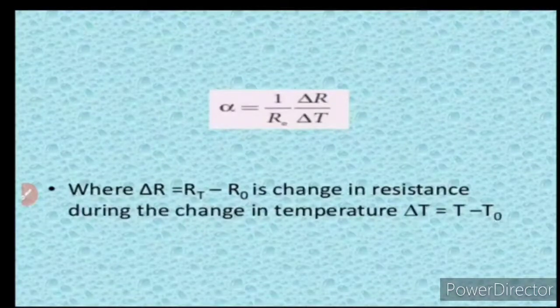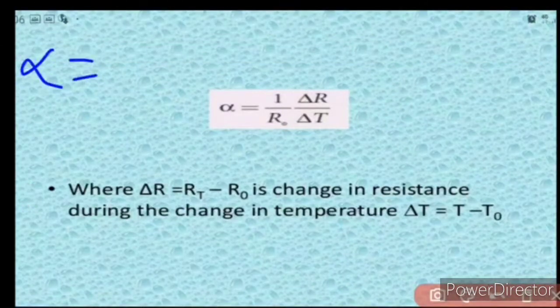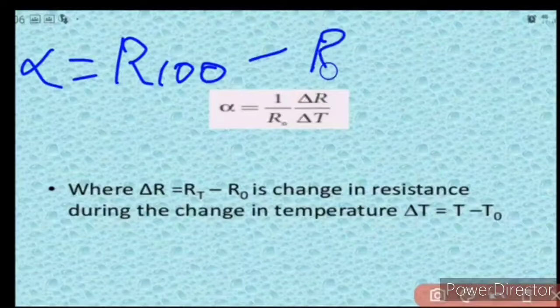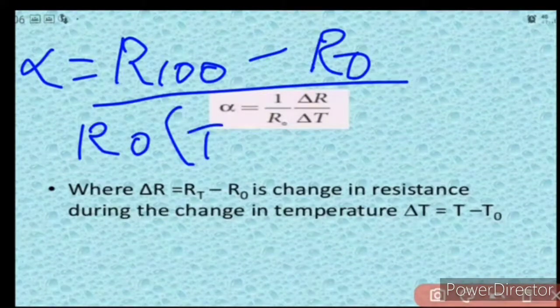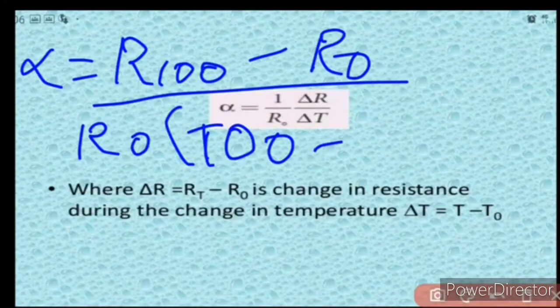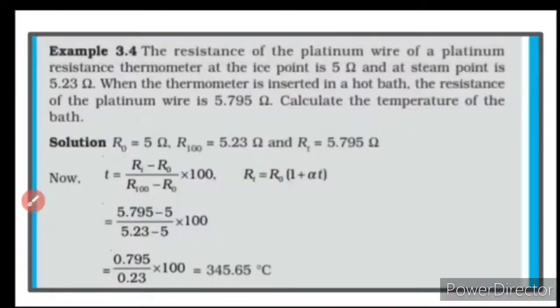So we can write alpha as, instead of delta R, R100 minus R0, divided by R0 into T minus T0, which is 100 minus 0, that is 100. So you can easily calculate alpha using this equation, alpha equals R100 minus R0 by R0 into 100.